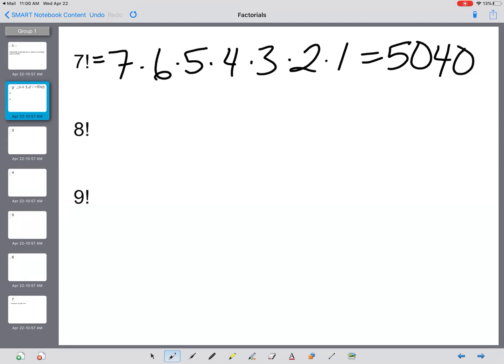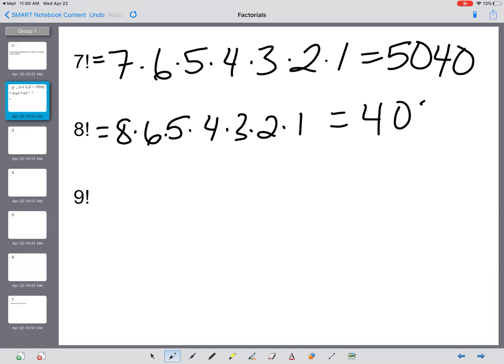Now for 8 factorial, I do the same thing. 8 times 7 times 6 times 5 times 4 times 3 times 2 times 1. Again, I'm just going to multiply those out. I get 40,320.